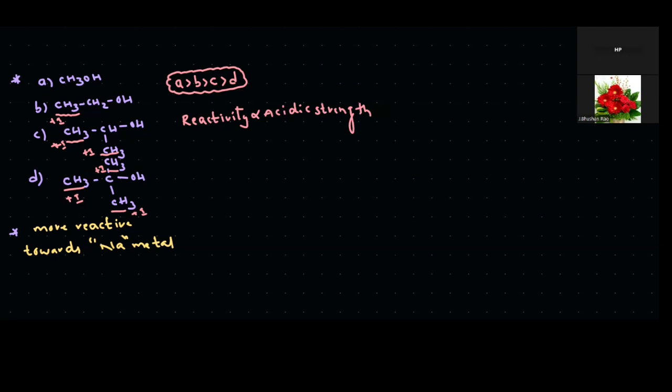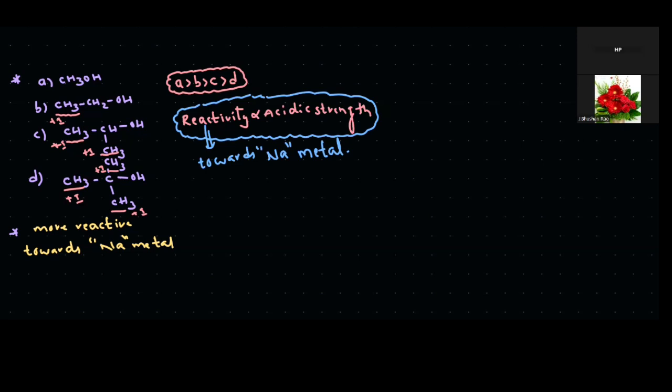This is the reactivity and acidic strength. Here reactivity means towards sodium metal only. Like this, we can easily identify the acidic strength of alcohols.